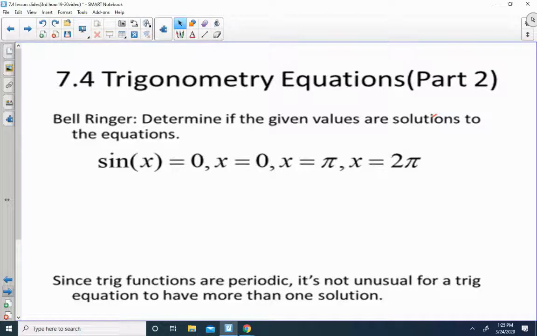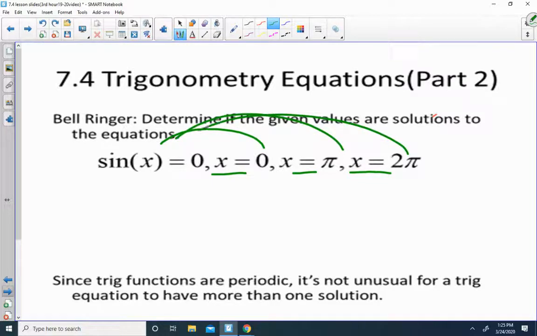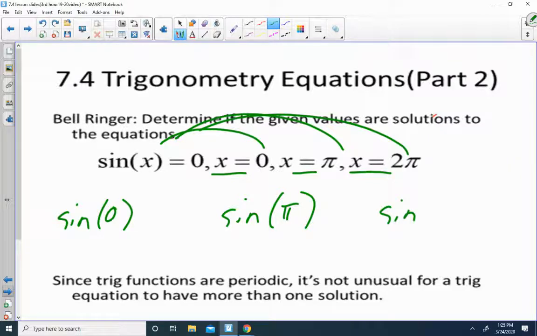Now, before I start on part 2, I want to do another bell ringer. Let's say I have sine of x equals 0, and I want to see which of these solutions work. So I'm going to plug in 0, I'm going to plug in pi, and I'm going to plug in 2 pi. See what happens. So sine of 0, sine of pi, and sine of 2 pi.